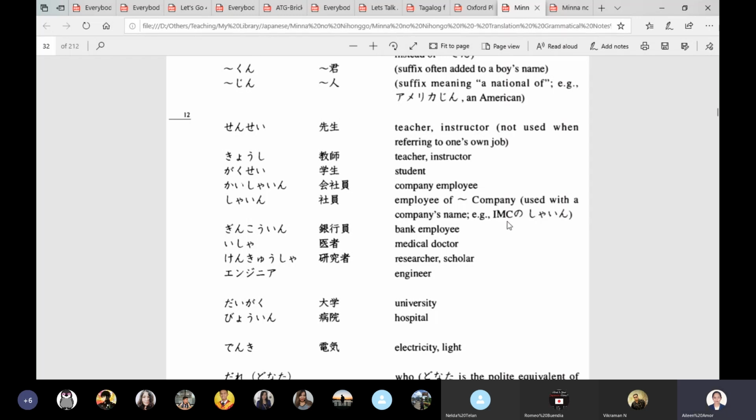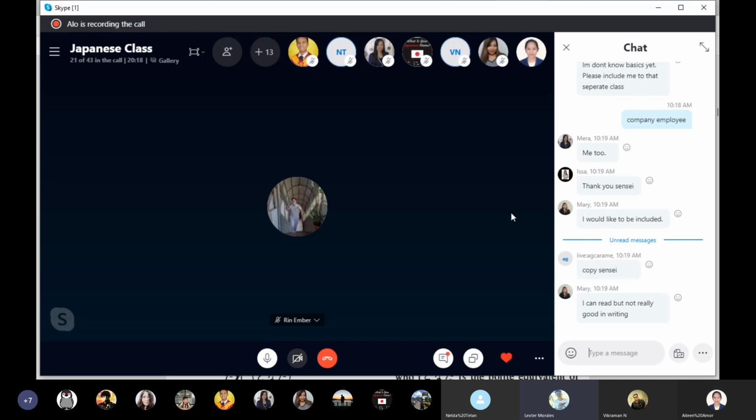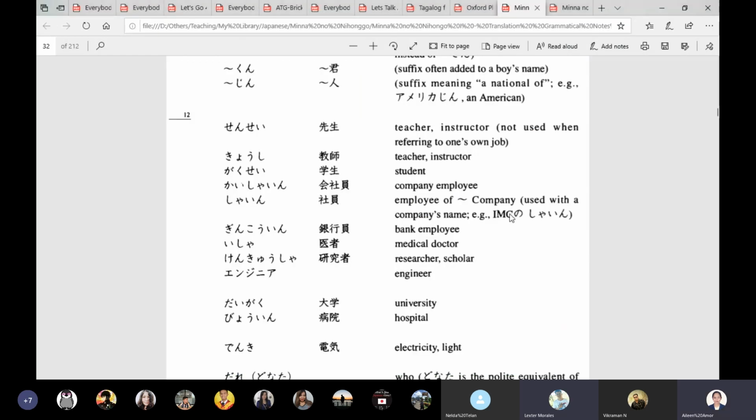So Samsung no shain. Watashi wa Samsung no shain desu. But in this example, the company name is IMC. In English we say IMC, but in Japanese pronunciation we say it differently. IMC no shain desu.